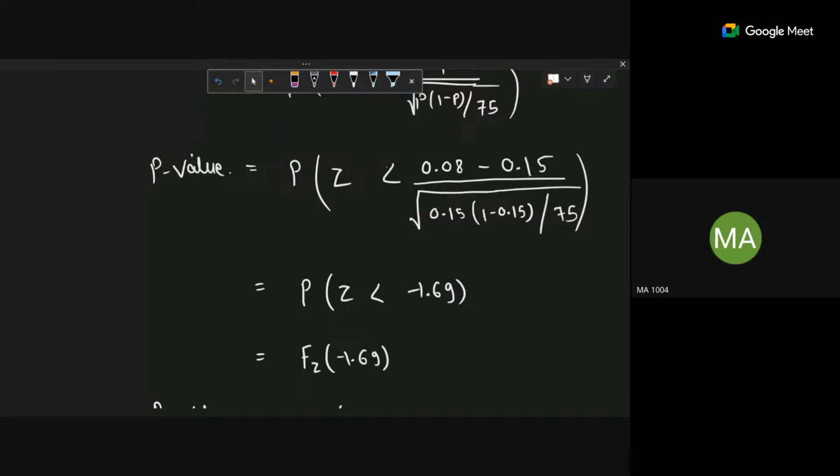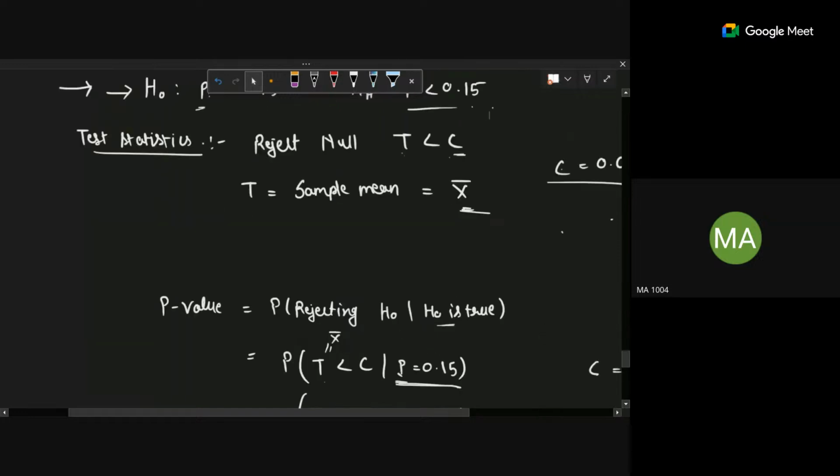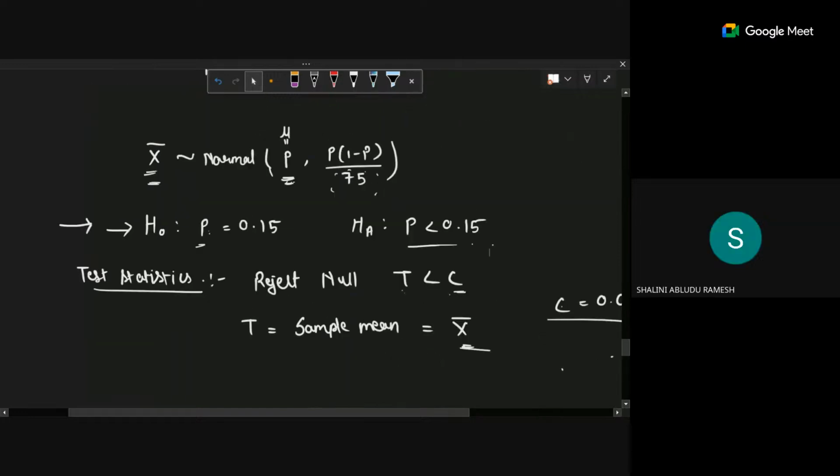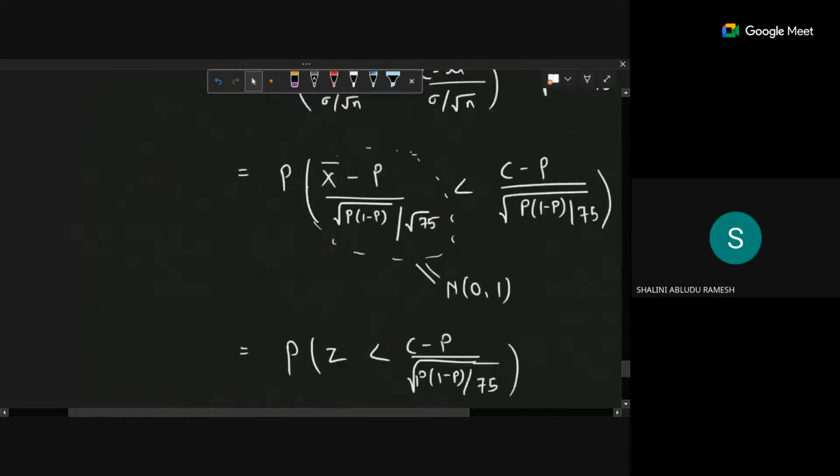Okay. Please verify it once again, if there is any mistake in the calculation part only. No, ma'am, I verified it. Okay, let me just recheck. Ma'am, I'm getting the same answer, F(Z) of minus 1.6977.